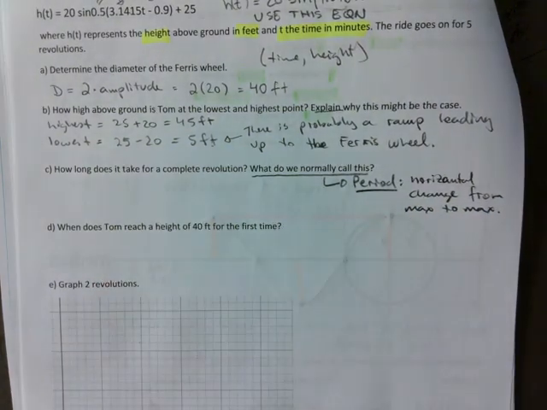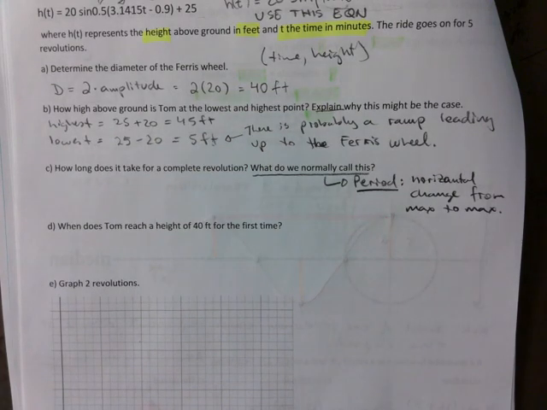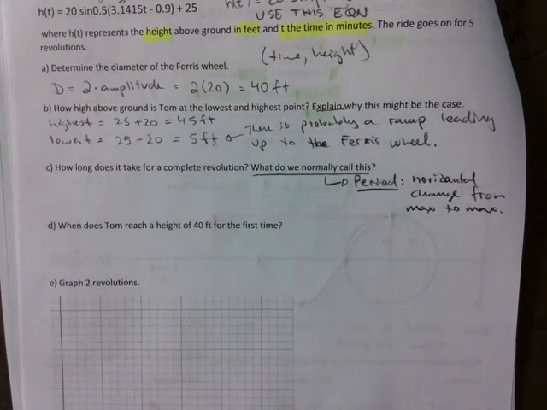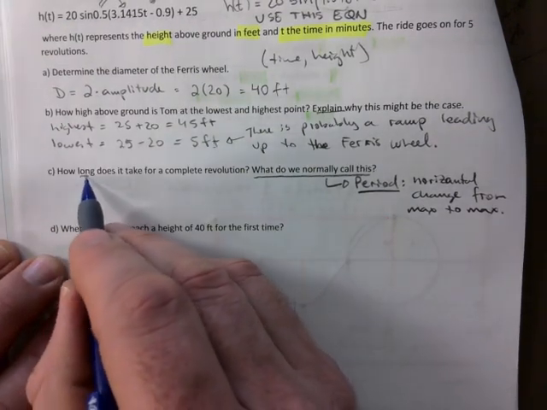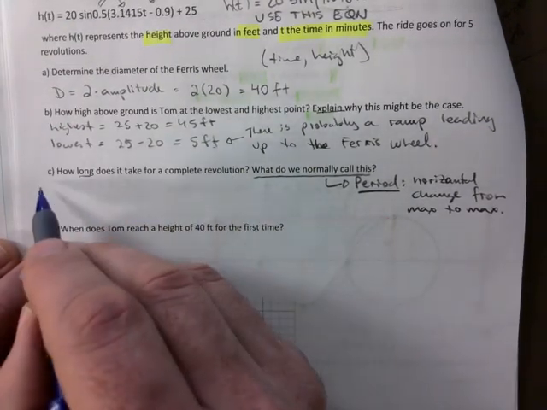That's really what the period is. It doesn't care what x is. That's how you would find the period. It could be time in seconds, minutes, hours, days. It could be the distance. So how long does it take to make a complete revolution?